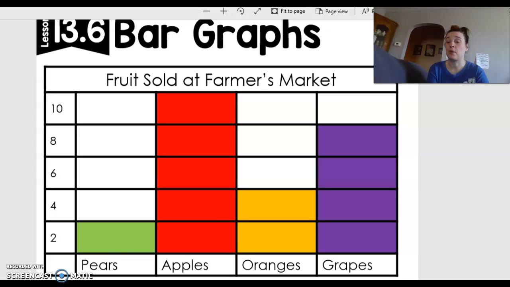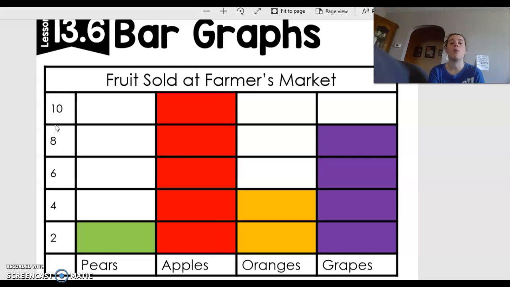How many grapes were sold? Pause. Yes, that's right. Over here are the grapes. So we're going to go up to the top of my bar and we're going to go over to the edge and look at my scale and it's at 8. So there were 8 grapes sold.